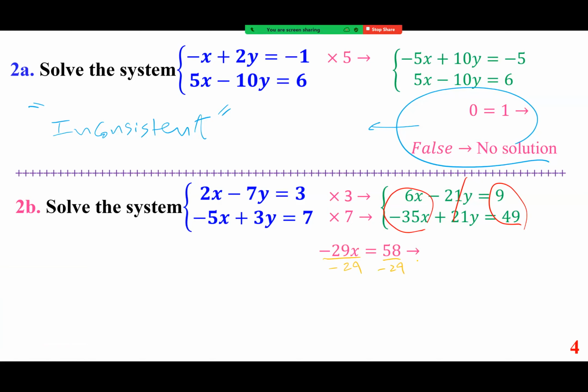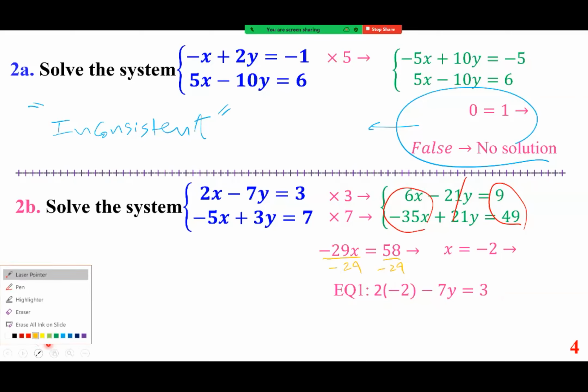And when we divide by negative 29, x becomes negative 2. You choose one of the equations, for example, the first one, and you plug in. So if you plug it into equation 1, you get 2 times negative 2 minus 7y equals 3. This becomes negative 4. Move it to the other side, becomes 7.